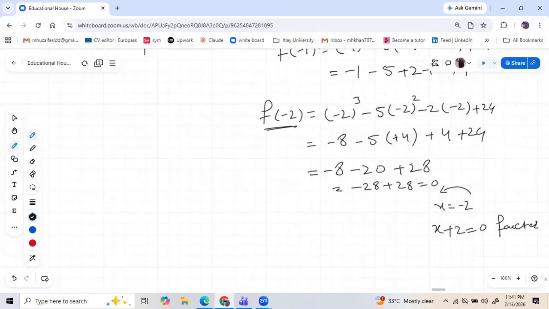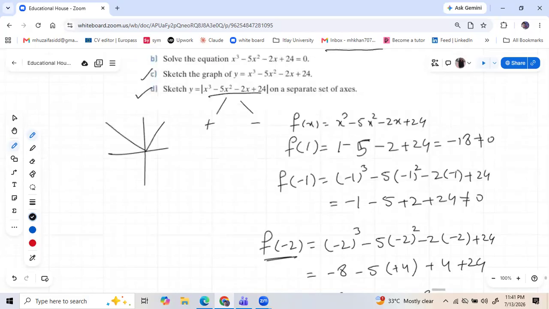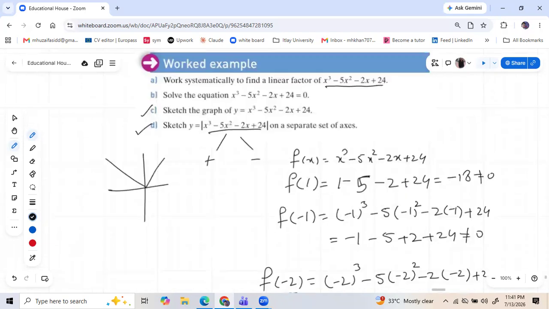Got it? Yes. So solve the equation. How can you solve this equation? I'm giving you a clue. Look at it here. What is our factor?